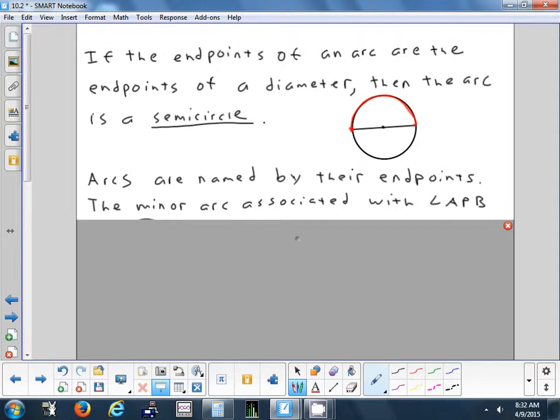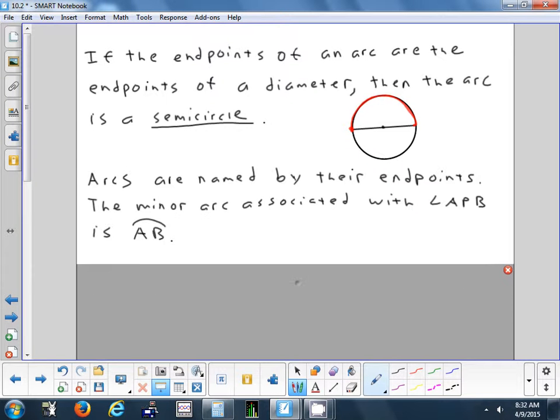All right, so how do you name an arc? Basically you just name it with the endpoints. Again, I think a picture would help here. Let's draw an angle.